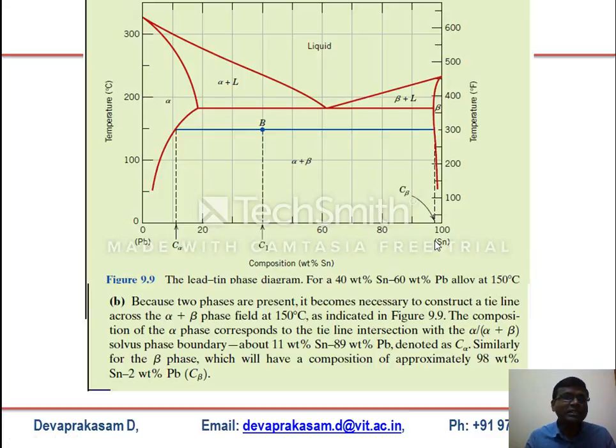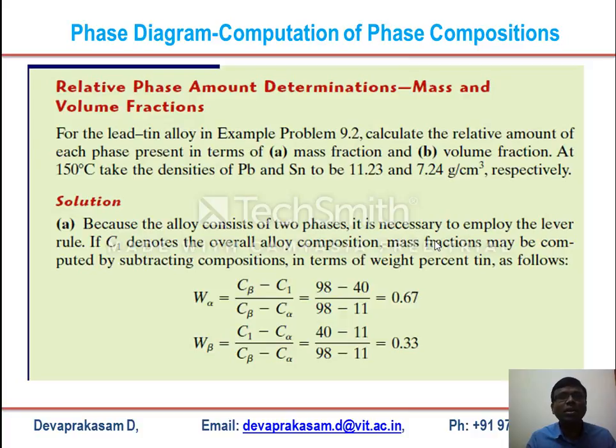Okay. Now it's a very simple exercise. You have to use the lever rule or inverse lever rule to find out the relative amount of the phases present. Understand that lead, if it is full of lead, has a density of about 11.23 gram per centimeter cube.